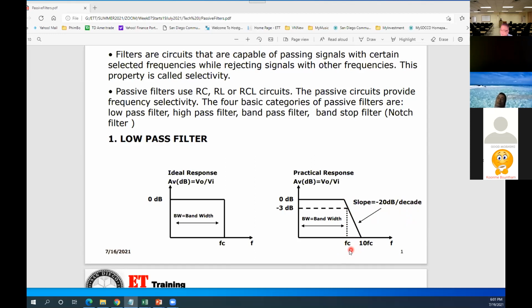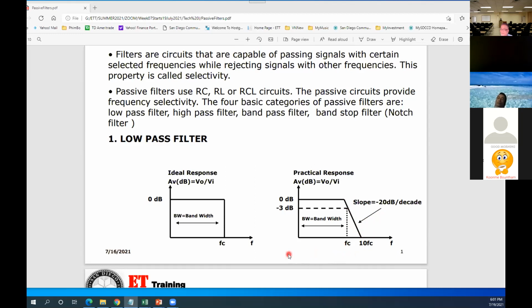That means 10 times the cutoff. If your cutoff is 1K, 10 times gives you 10K. Then they keep going down with the slope of minus 20 dB.